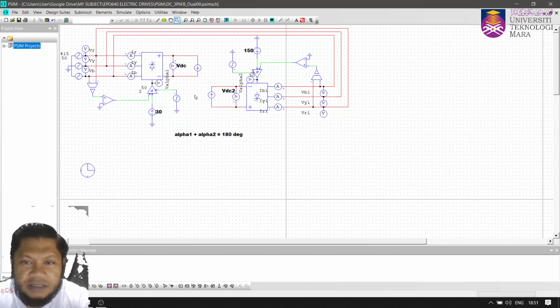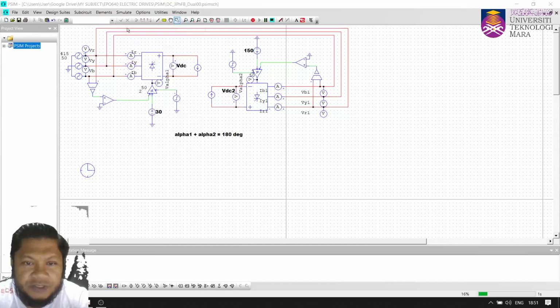Okay, if I can run that, look at that. This is converter 1, this is converter 2, and I have this current operating in that direction, and the current here operating in that direction here. Okay, if I run the simulation, what happens?